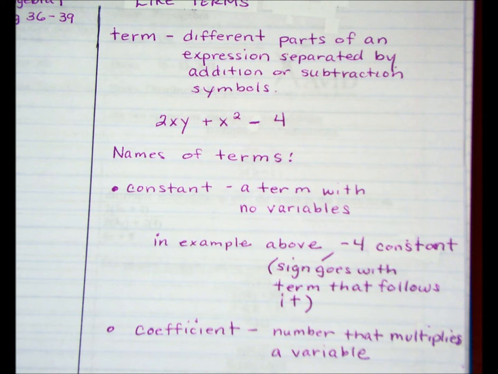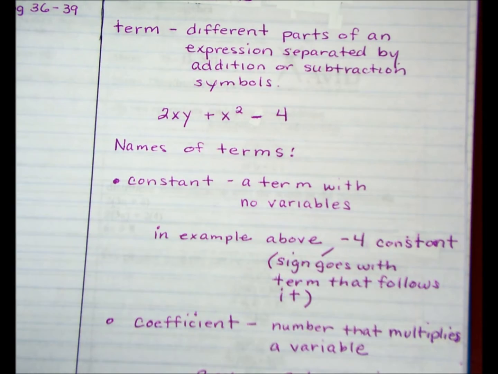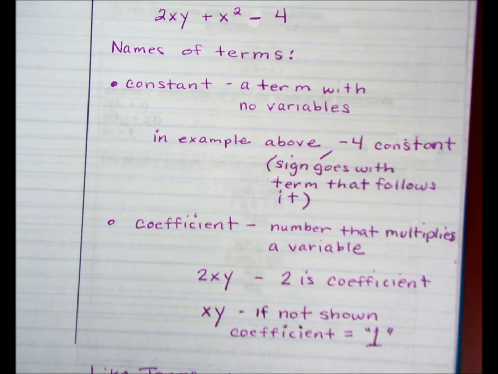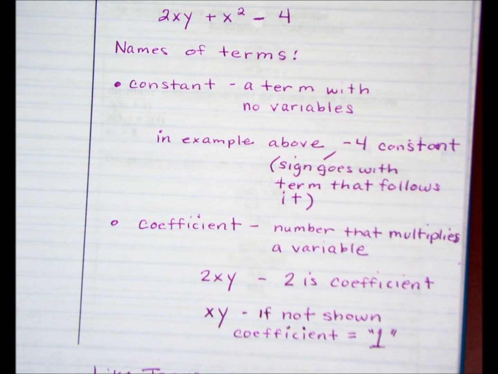A coefficient is the number that multiplies the variable. So in the example above, we have 2xy. It is the 2 that is the coefficient, because that 2 is being multiplied by the variables.